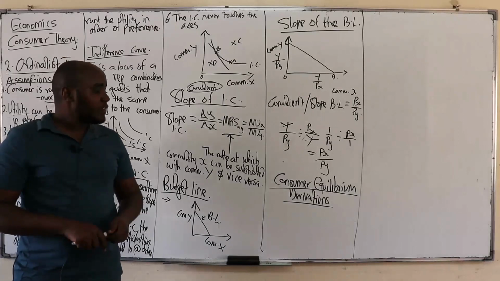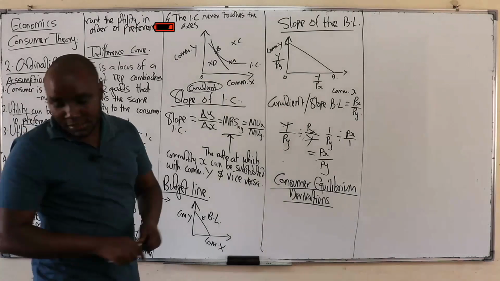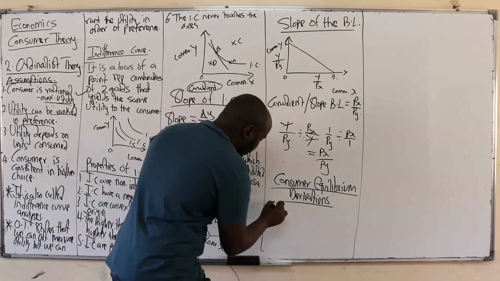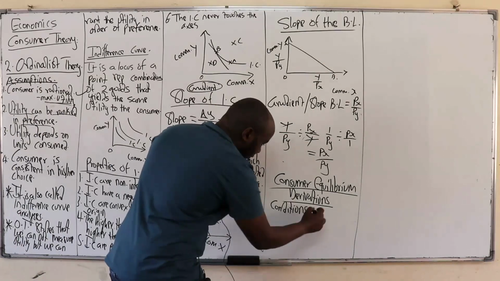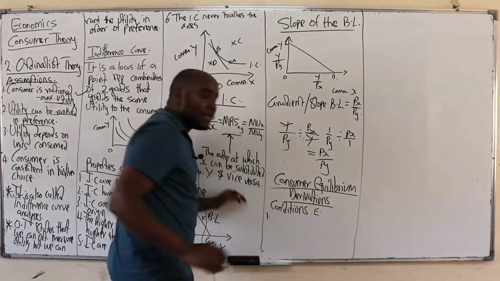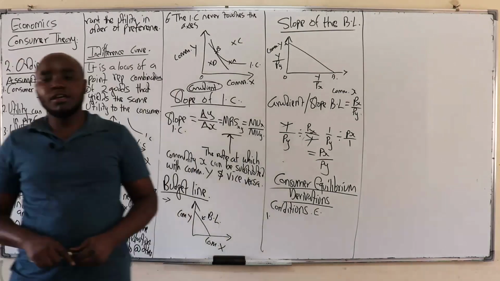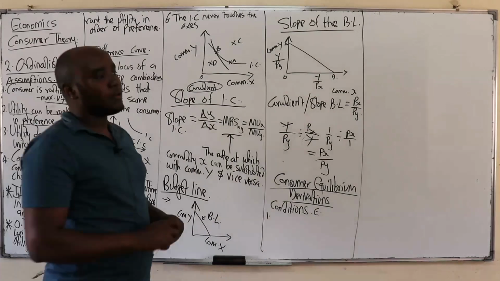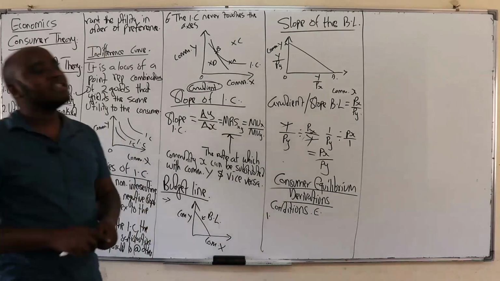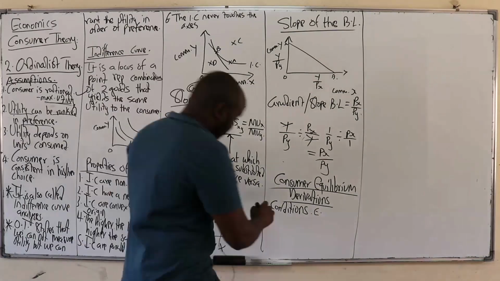Some of the conditions for us to have an equilibrium: number one, there should be a tangent between the BL and the IC, or equilibrium happens at the tangent point of BL and IC.